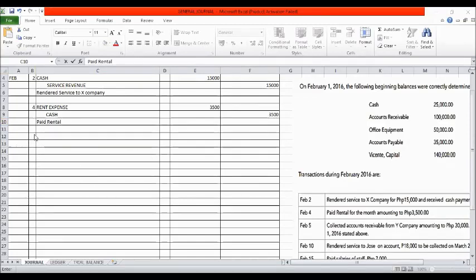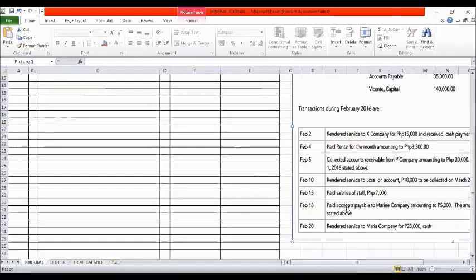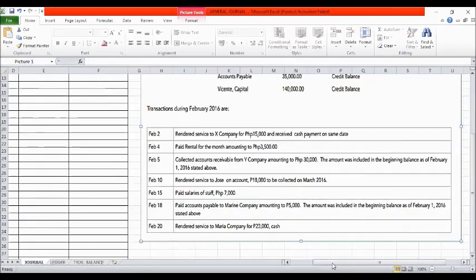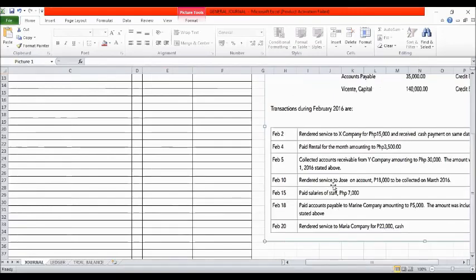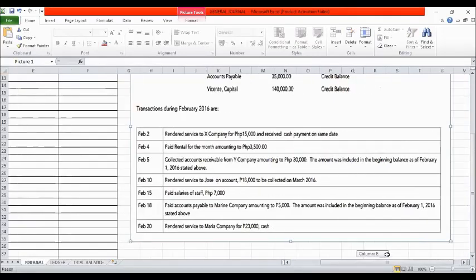Now, February 5 transaction. Sabi niya, collected accounts receivable from Y company amounting to 30,000. The amount was included in the beginning balance as of February 1, 2016, stated above.